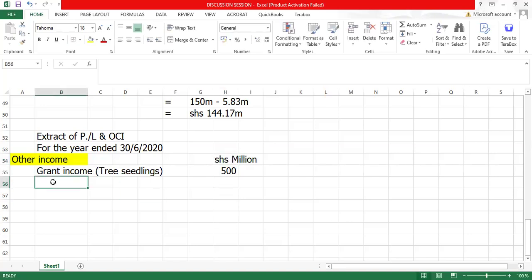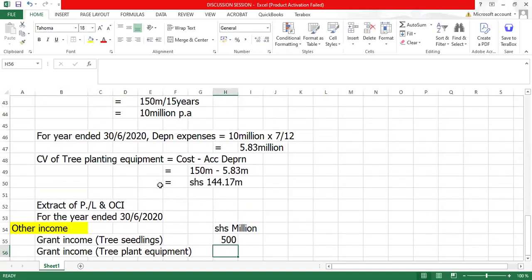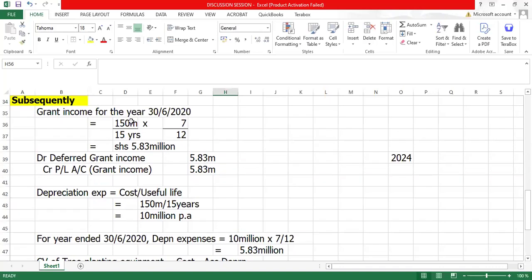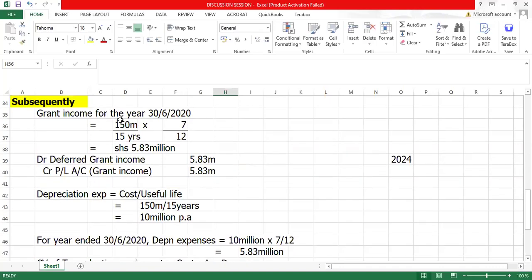Okay, then we have another grant income. The one related to tree planting equipment. Which one? The actual income, not deferred. Don't mix these two.